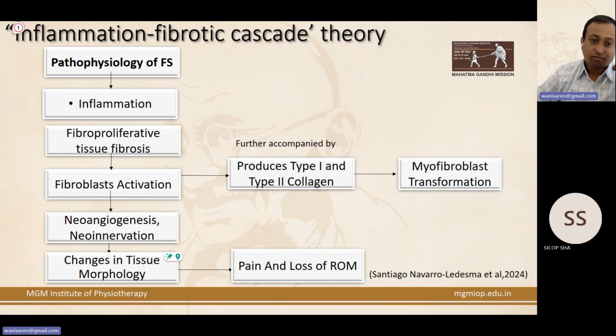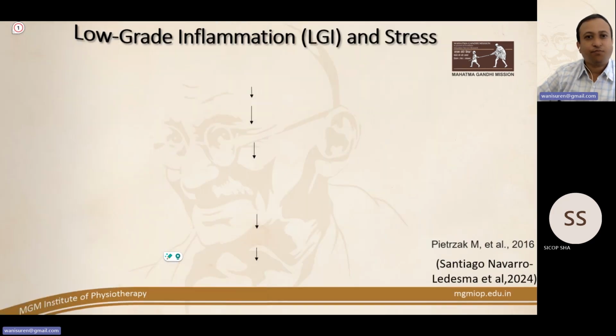Because of that, the fibroblasts get activated, and along with that neoangiogenesis and neoinnervation also happen. These changes happen in the tissues around the shoulder joint, like the capsule, tendons, and ligaments, and may lead to shoulder pain and loss of range of motion or reduced shoulder mobility of the patient. So this is one theory.